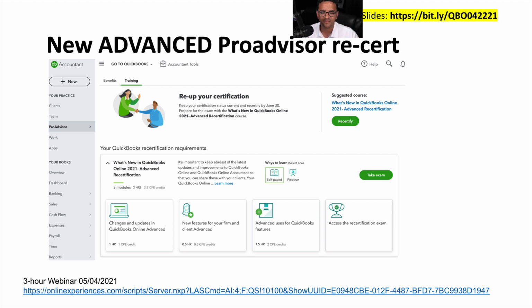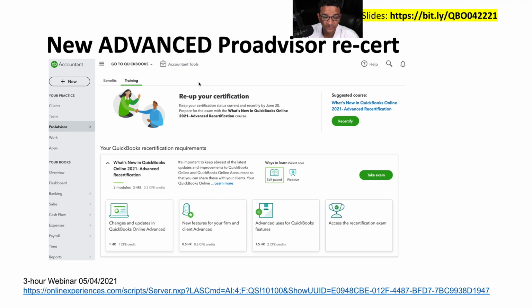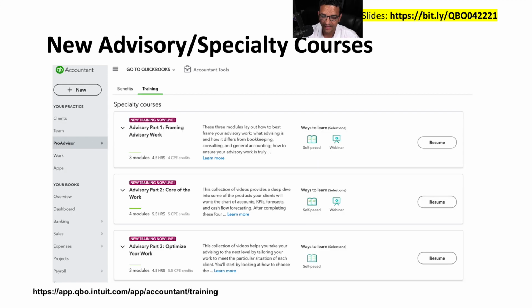The link is on the slides. If you want to register for that webinar, it will prep you for the recertification exam. Again, this is for people who are already QuickBooks Pro Advisors and advanced certified, and want to recertify so they can maintain their advanced certification. So make sure to check that out and register for the webinar if you want to prepare for that exam.